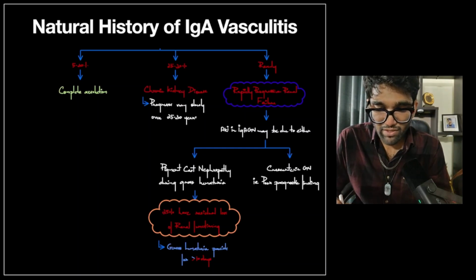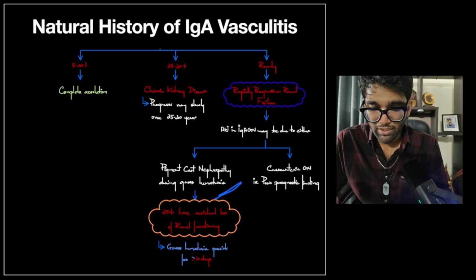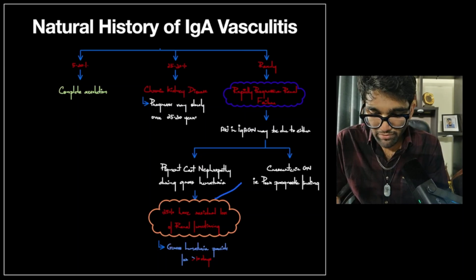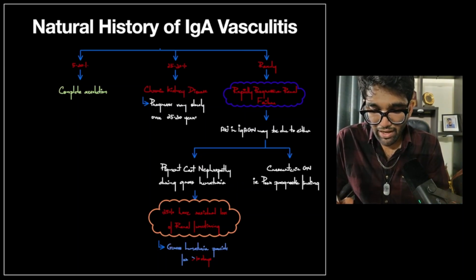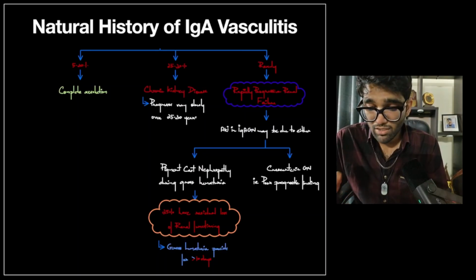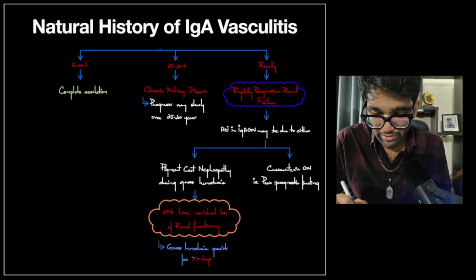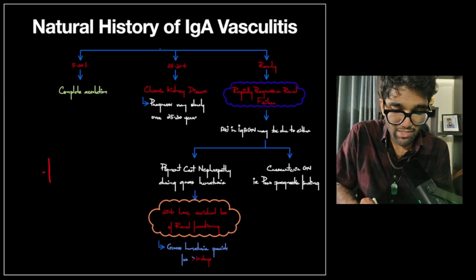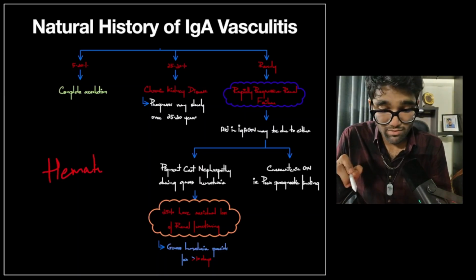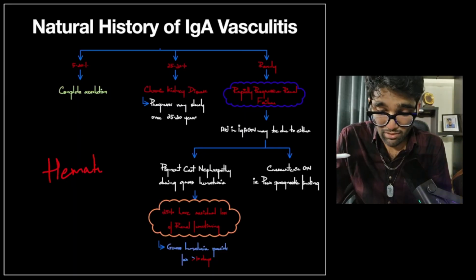Importantly, even when you have just a pigment cast nephropathy, 25% of such patients have a residual loss of renal function, and in that situation, gross hematuria may persist for more than 10 days. So hematuria and its relationship to prognosis in patients who have IgA nephropathy is slightly unusual.